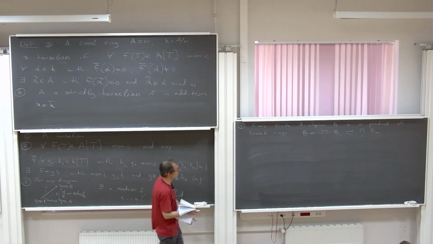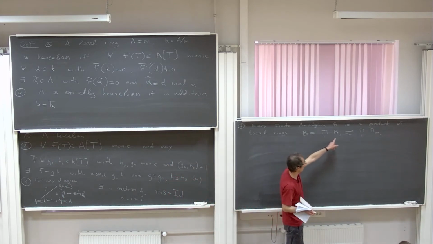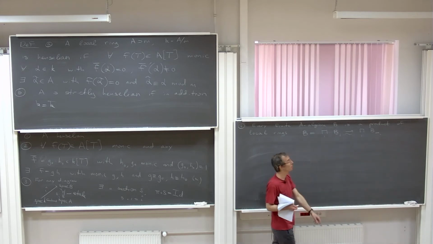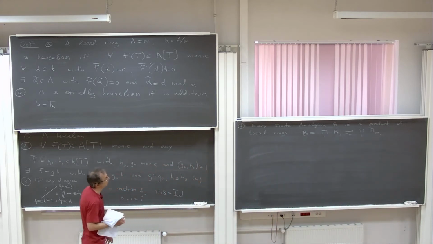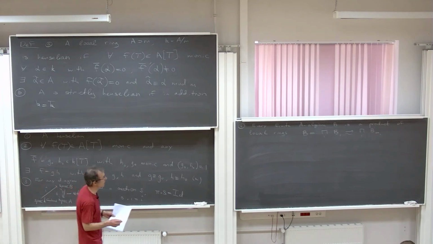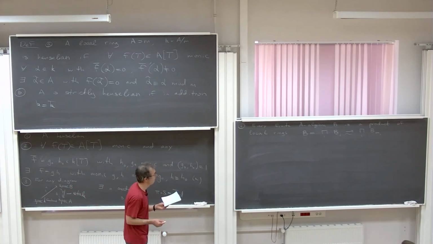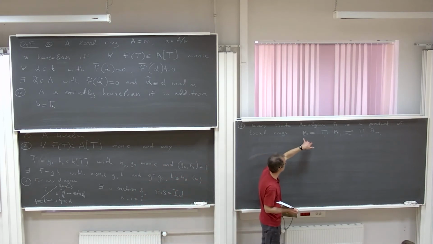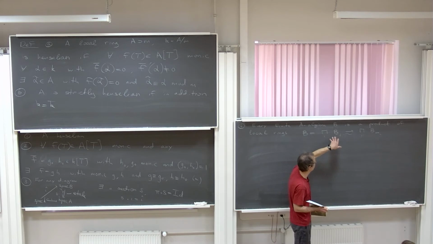Each B_i must be local. So that means that these are localizations of B at some maximal ideals. What I wanted to say is that the factorization of B into a product of local rings is canonical. It's just this map.